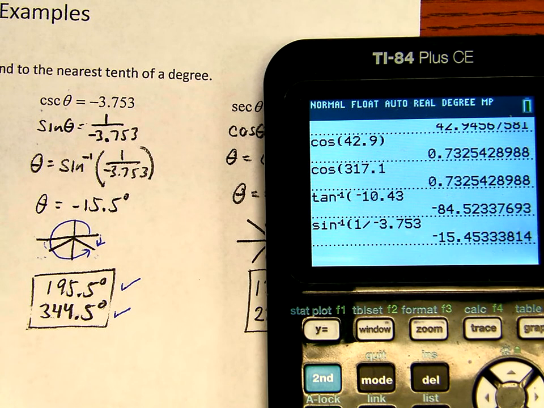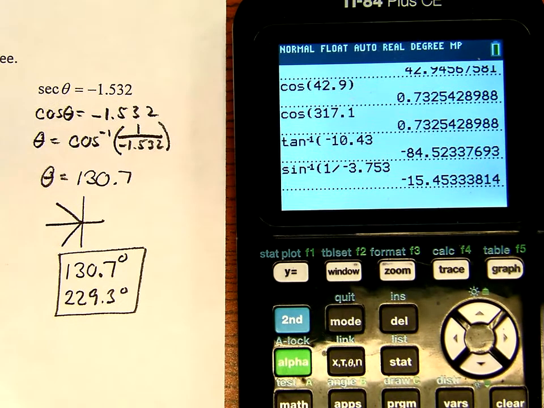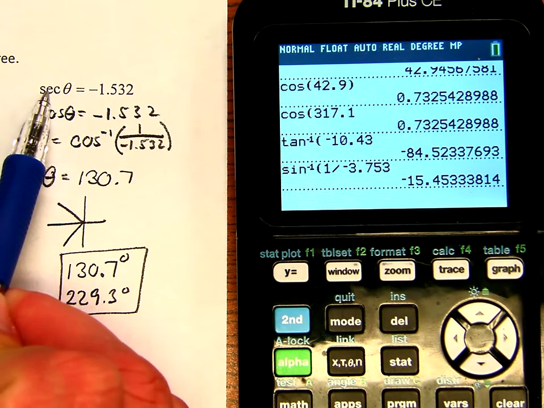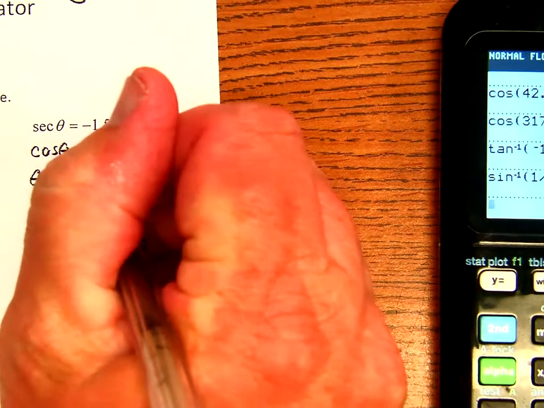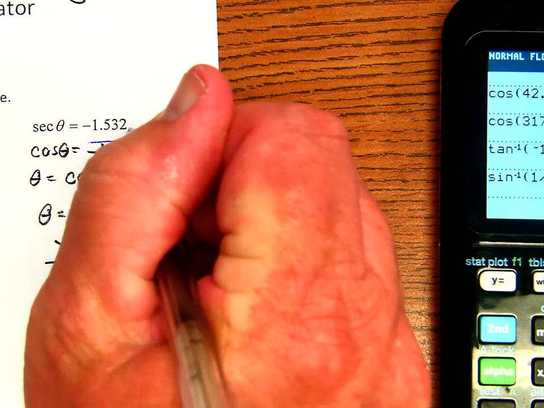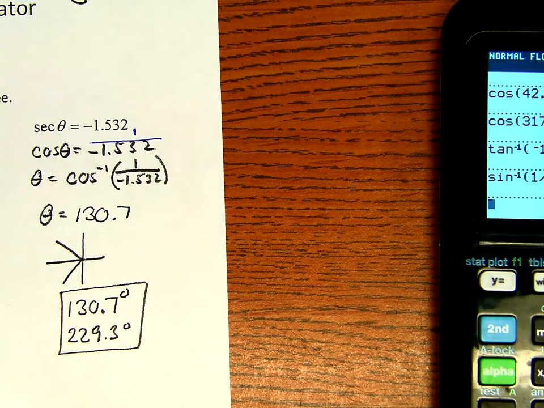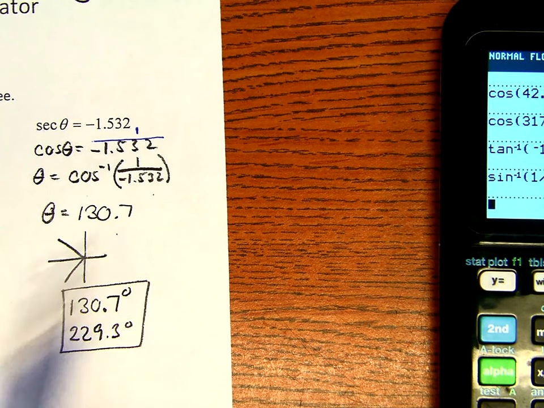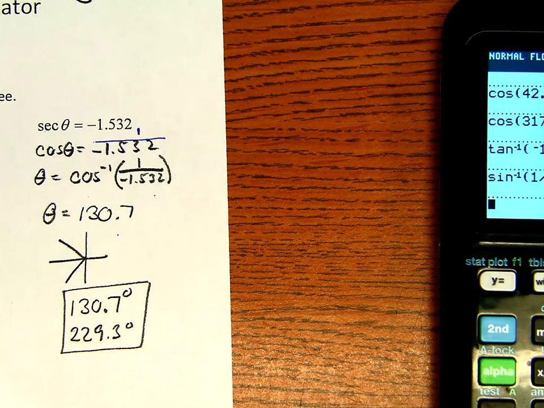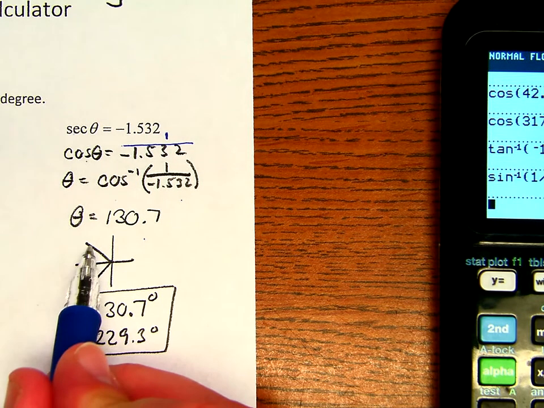All right, last example in degrees. We have a secant equation. We're going to need to convert that over into a cosine equation. Then we're going to take the inverse cosine of that decimal. It gives us a solution of 130.7. Well, we know cosine and secant are negative in the second and third quadrants.